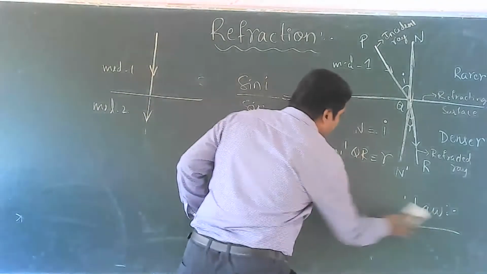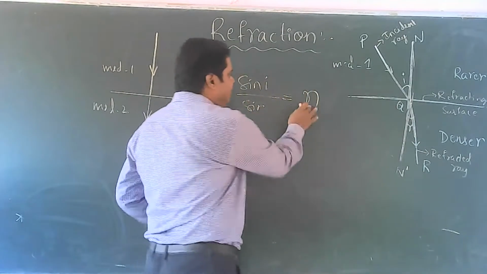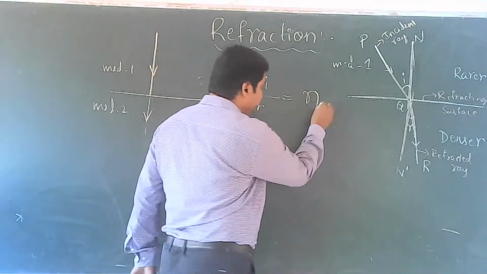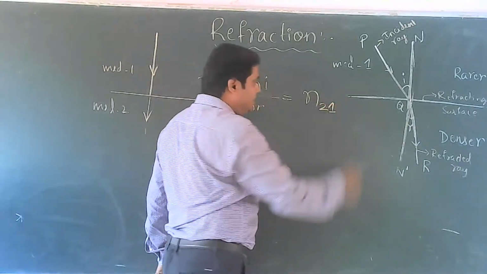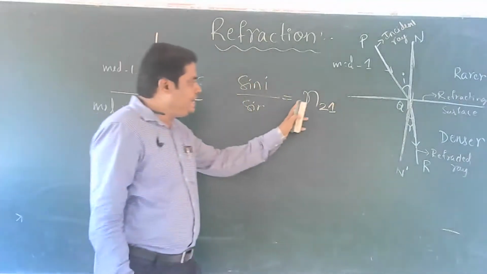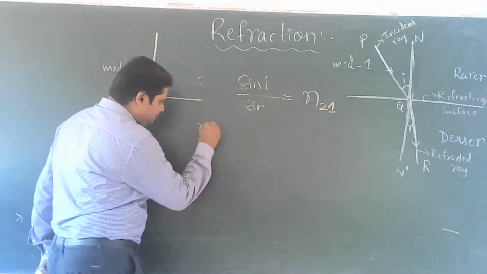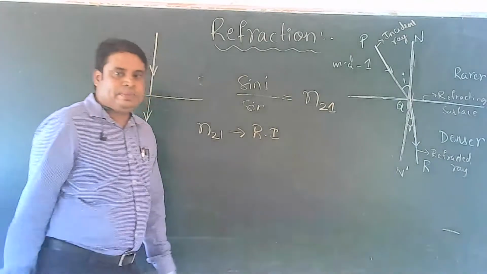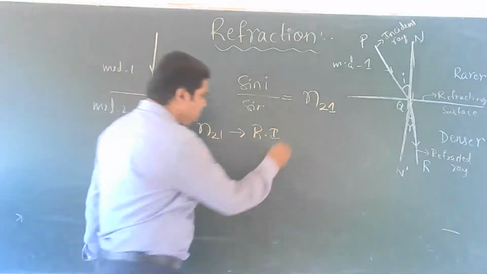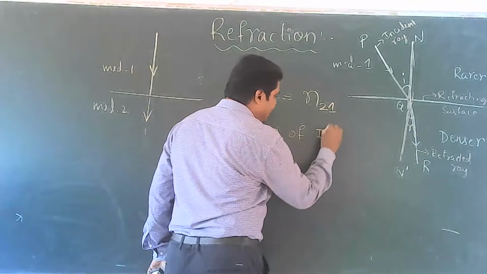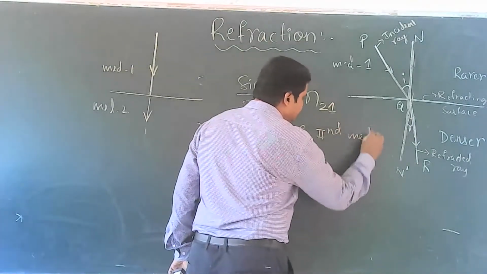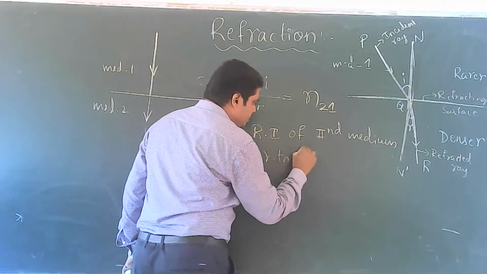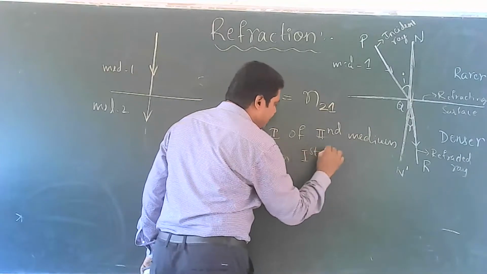Now, usually we do not write simply n. We write the refractive index of the second medium with respect to the first medium as N21. N21 means, let me write RI for refractive index: refractive index of the second medium with respect to the first medium.